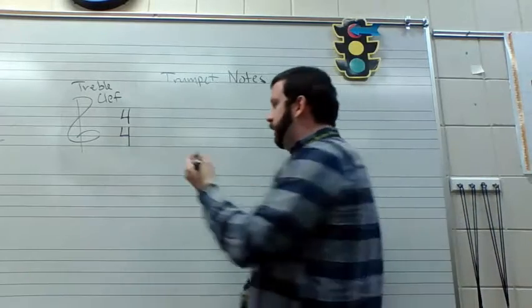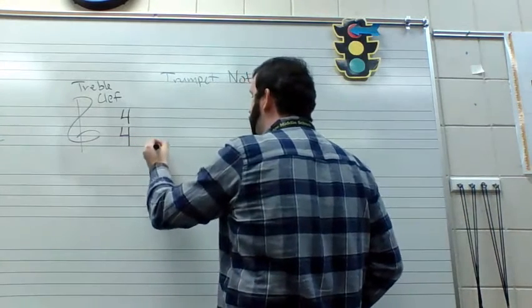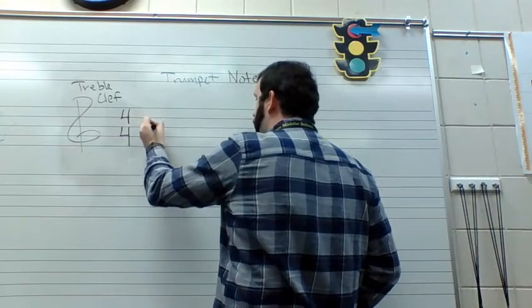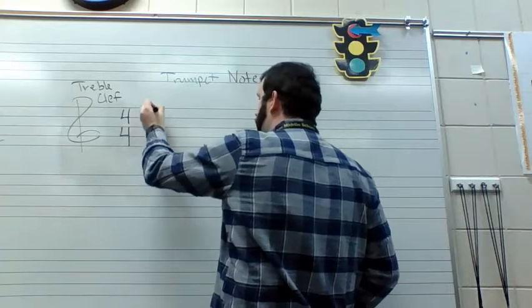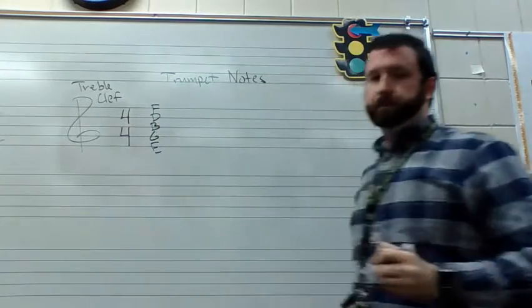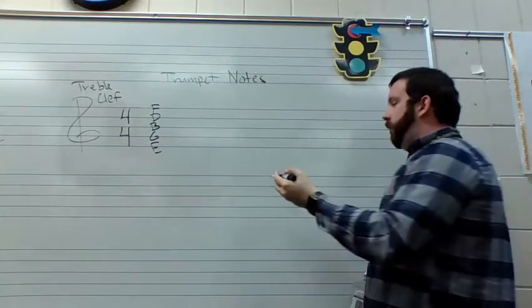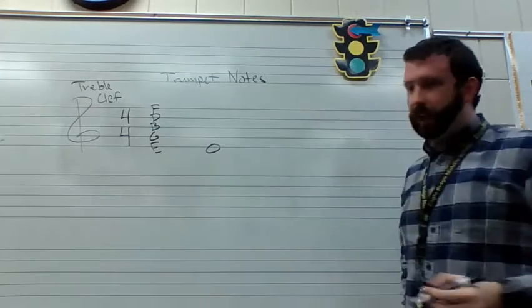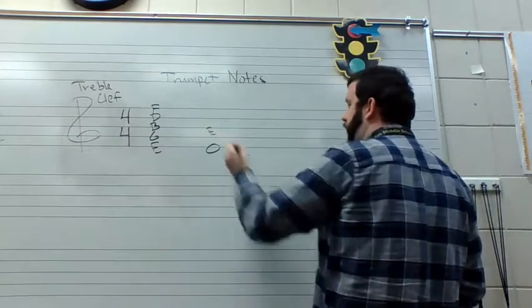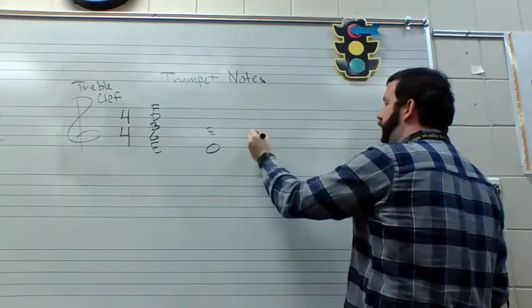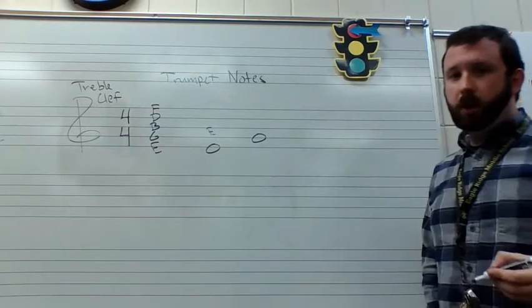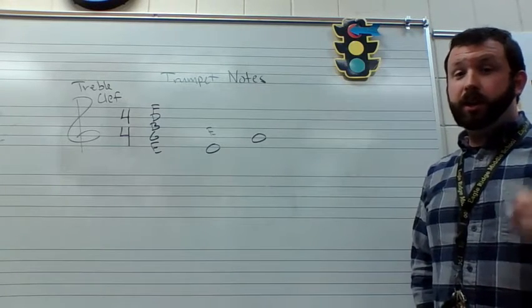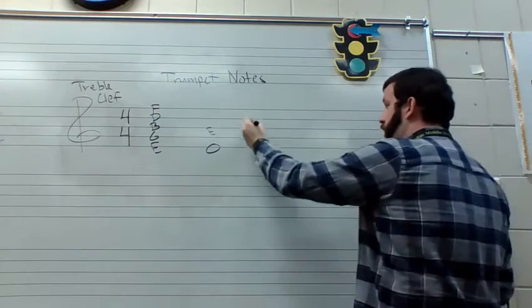And that sentence is every good burger deserves fries. So if I put a note on the first line, that's going to be E for every. If I put a note on the second line, it's G for good.